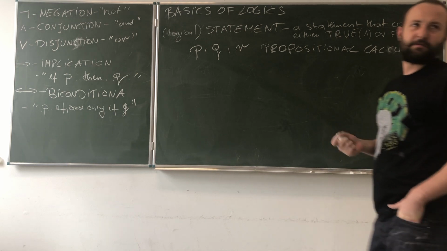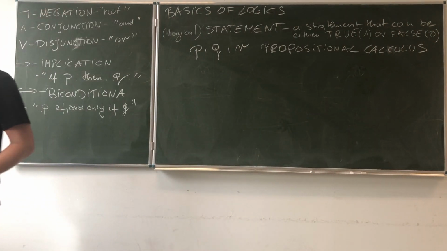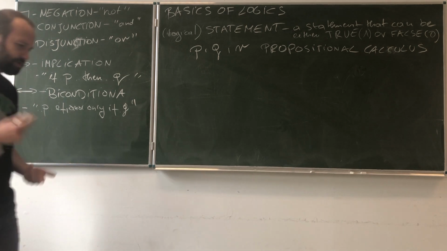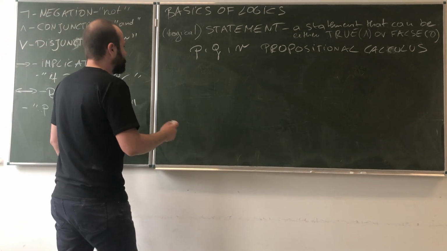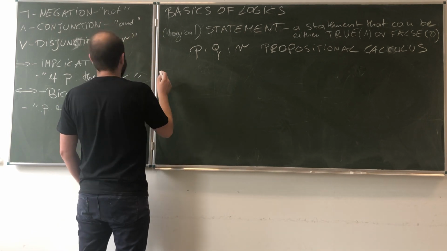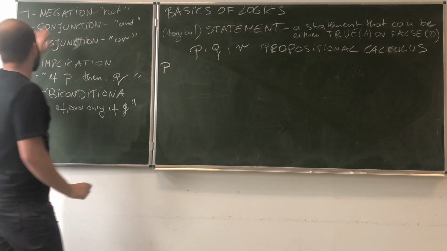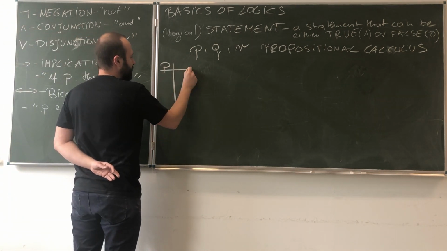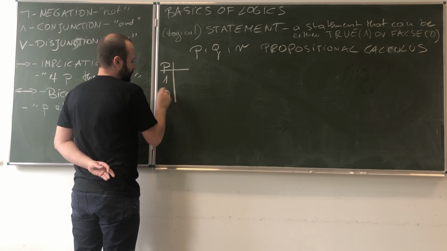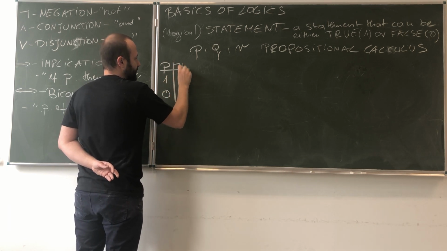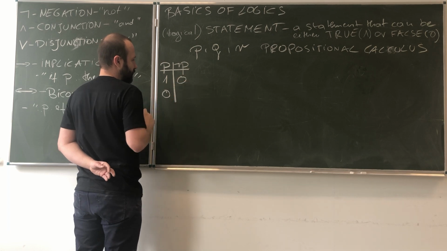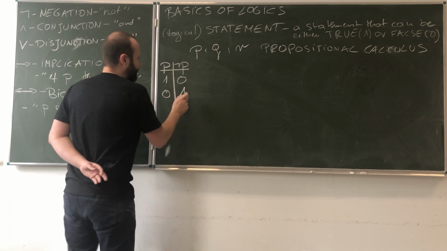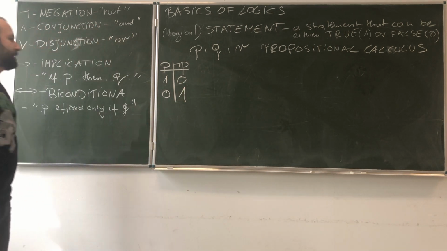Well, in the simplest form, we can say it is using a table to check something's logical value, just like we did in high school. So, if for example, I want to check negation, negation involves just one statement. Let's just say it's P. P can be either true or false, right? So, not P will be false if P is true, and true if P is false.